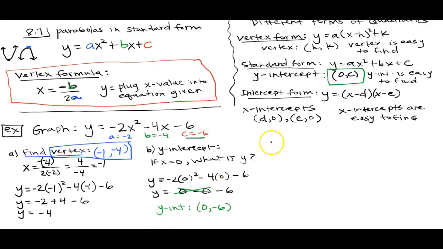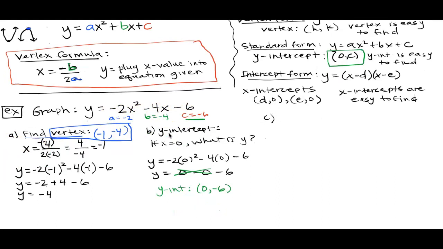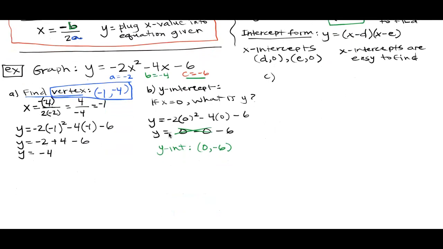Okay, and then the other thing that they might ask you to do is to find the x-intercepts as well. And with the x-intercepts, you want to see if you can factor it. And if you can't factor it, then you'd have to use the quadratic formula that you talked about earlier in this chapter.